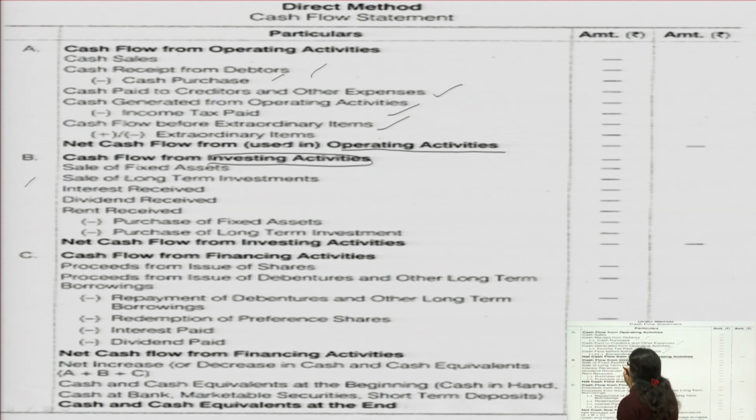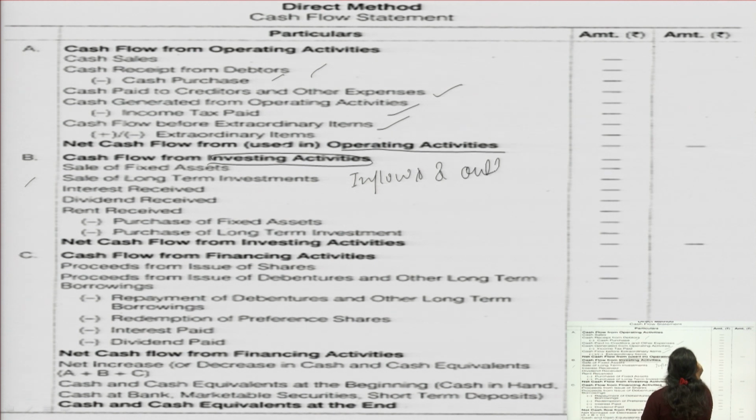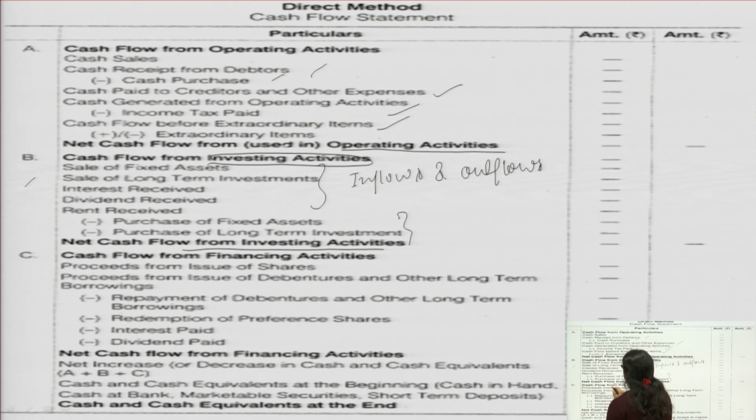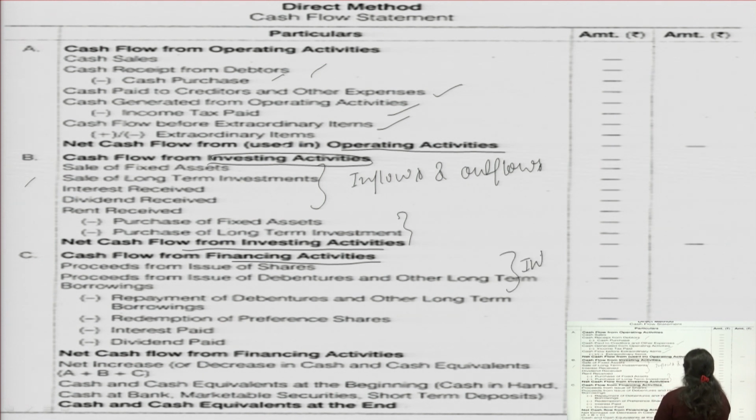We will consider all the receipts or inflows and all outflows. All the inflows will be added and all the outflows will be subtracted for the investing activity. The third one is the financing activity, and this has inflows and these are our outflows.